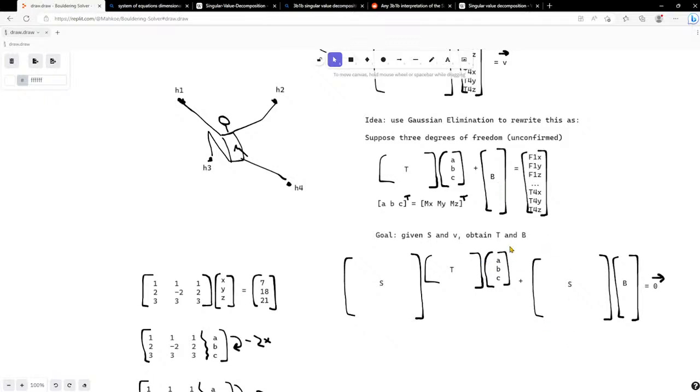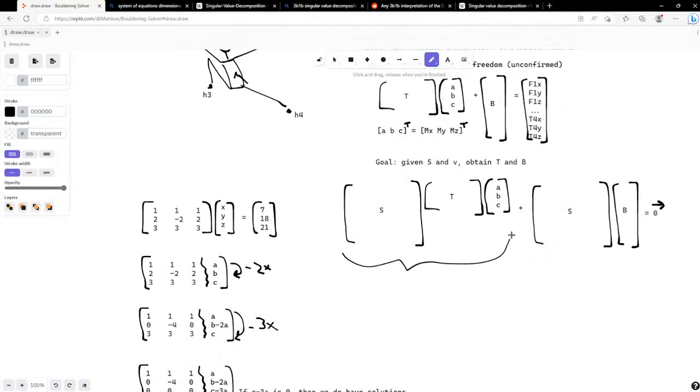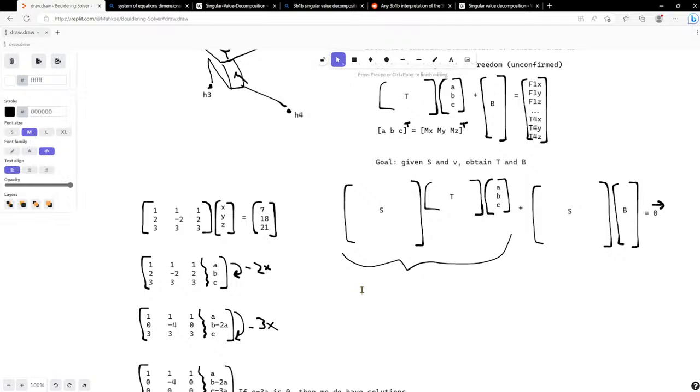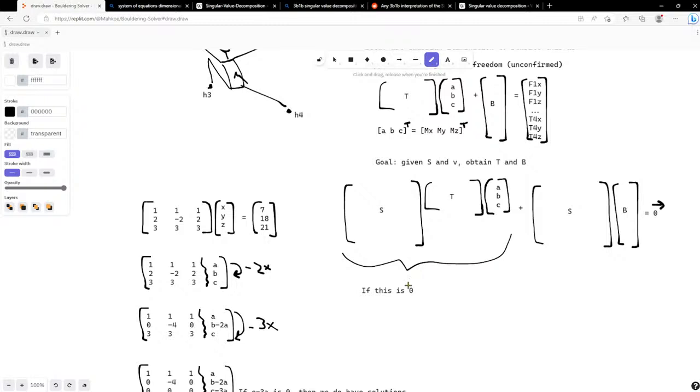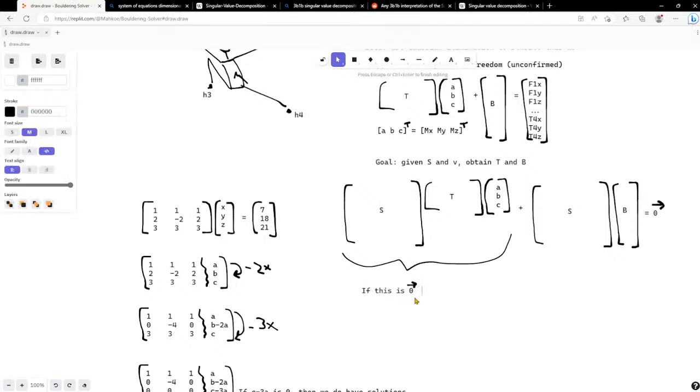So one thing I'm noticing here is that so long as this expression is 0, if this is 0, and by the way, it needs to be that, then we can use SB to satisfy the right-hand side.